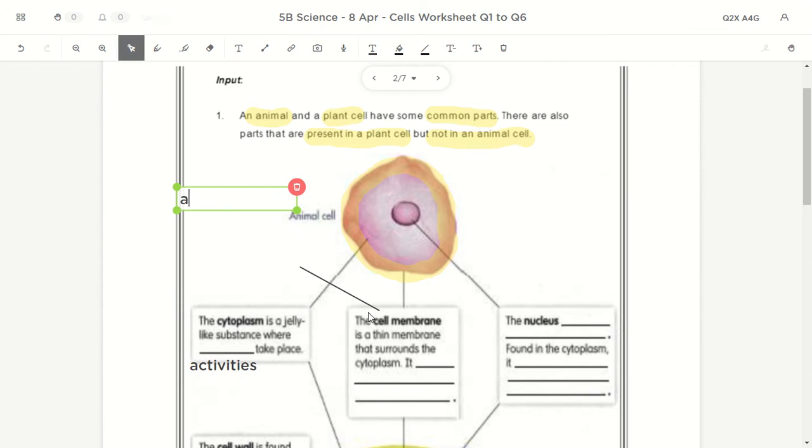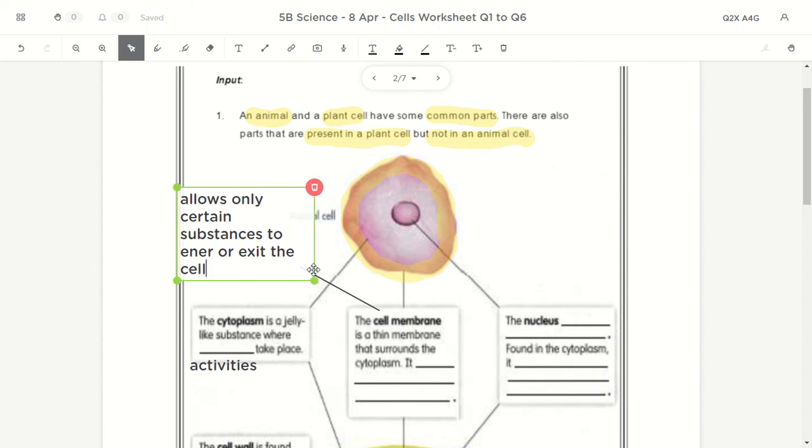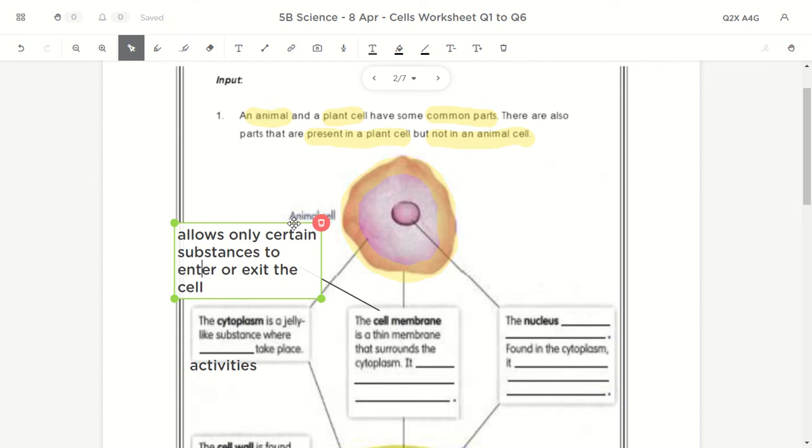It allows only certain substances to pass through, to enter or exit the cell. Okay, simple. Let's just make it bigger so you can see, to enter. Alright, something like that.